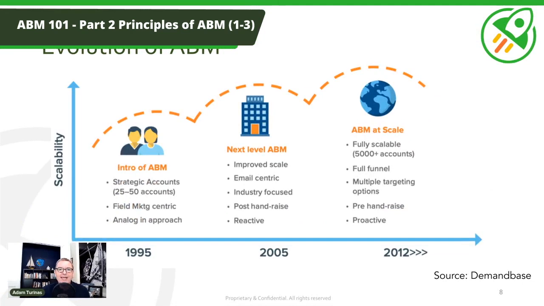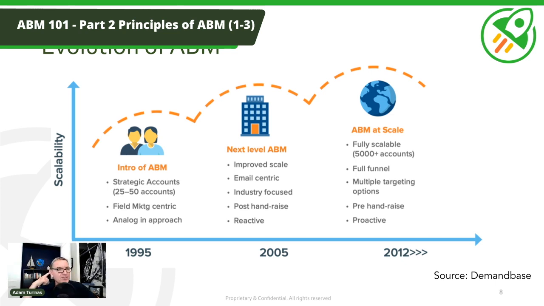ABM has been around for a while, and the way it's evolved is that, in the late 90s, the precursor to ABM was actually called strategic account marketing or strategic account sales. What that was about was much more field marketing centric. It was analog, so it was kind of pre-digital, maybe a bit of email, but lots of phone, lots of relationship building and that kind of stuff.